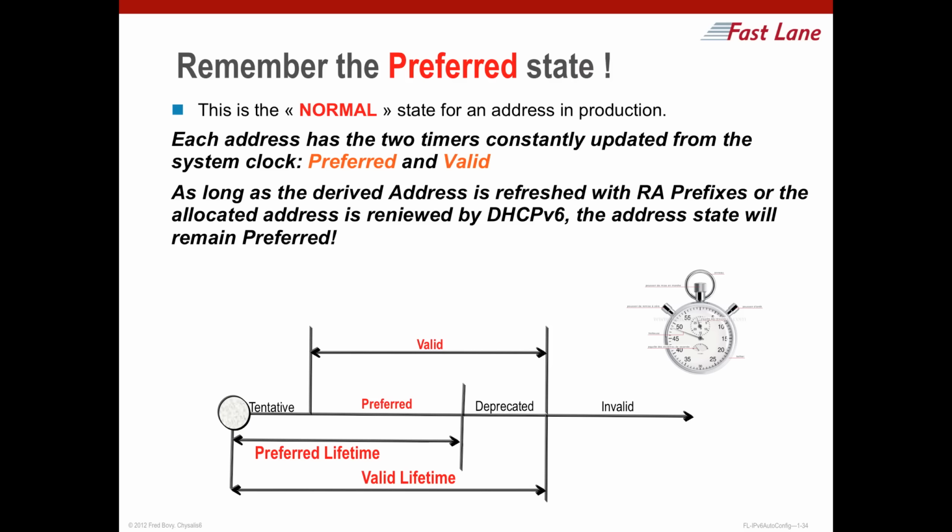So remember that once the address has been automatically configured, it must be refreshed to remain in the preferred state. So the preferred timer must be refreshed as well as the valid.